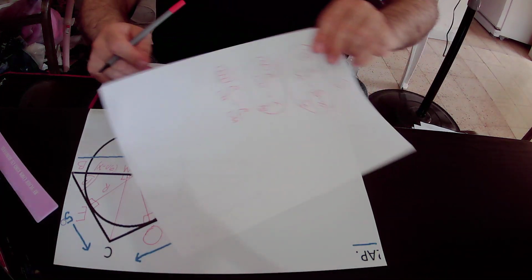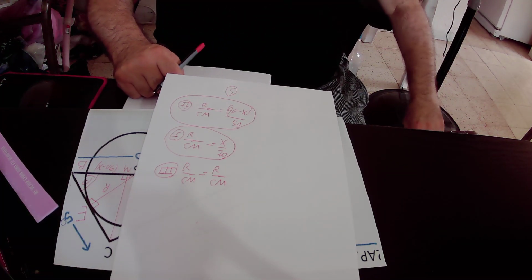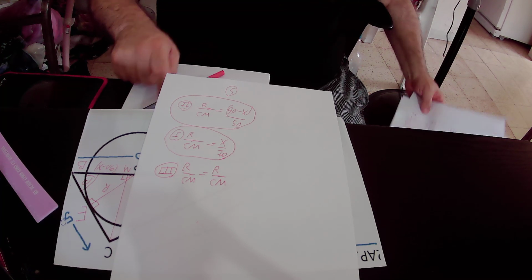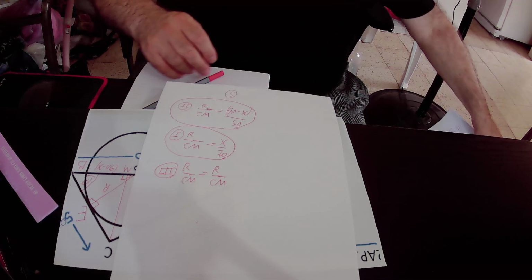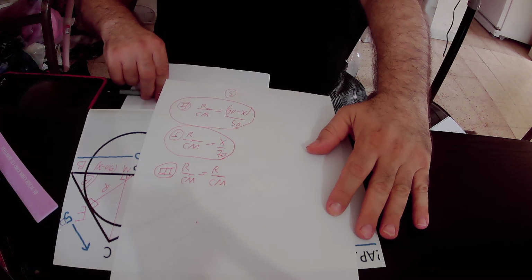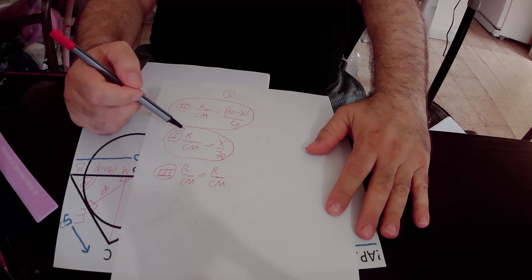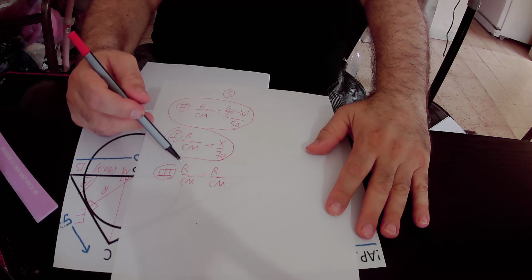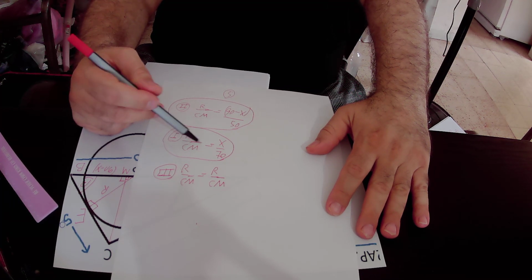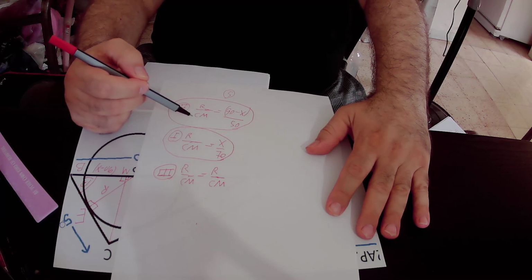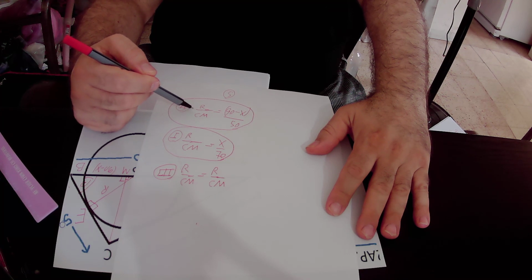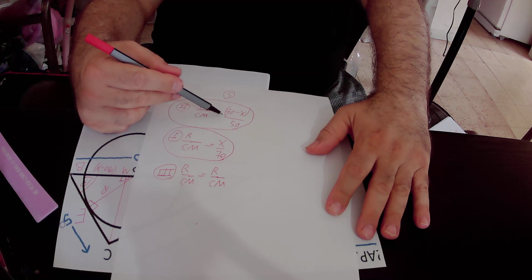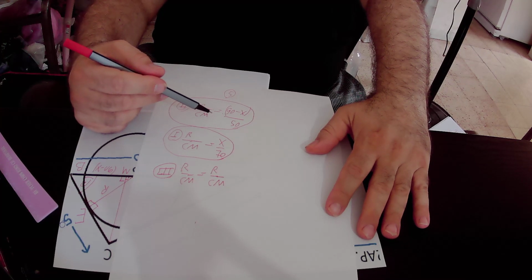In the next step we will substitute R over CM in this side of the equation by the value of R over CM from the first equation, that is to say x over 70, and in the other side of the equation we will substitute R over CM by the value of R over CM from the second equation, that is to say 90 minus x over 50.